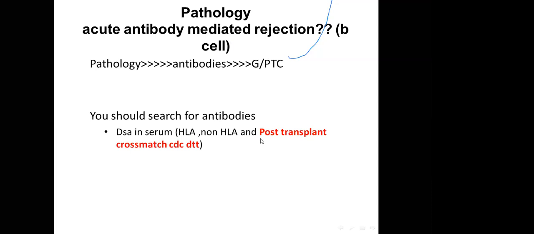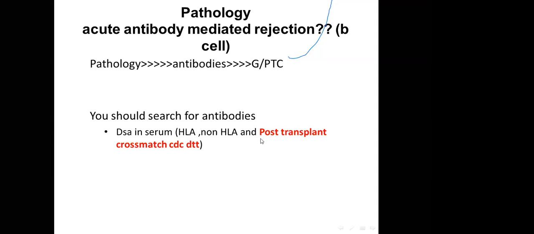What I mean by this term, if a patient has acute antibody-mediated rejection, this means his B cells formed antibodies. So if we repeat the cross-match CDC, which was negative before transplantation, it will become positive.